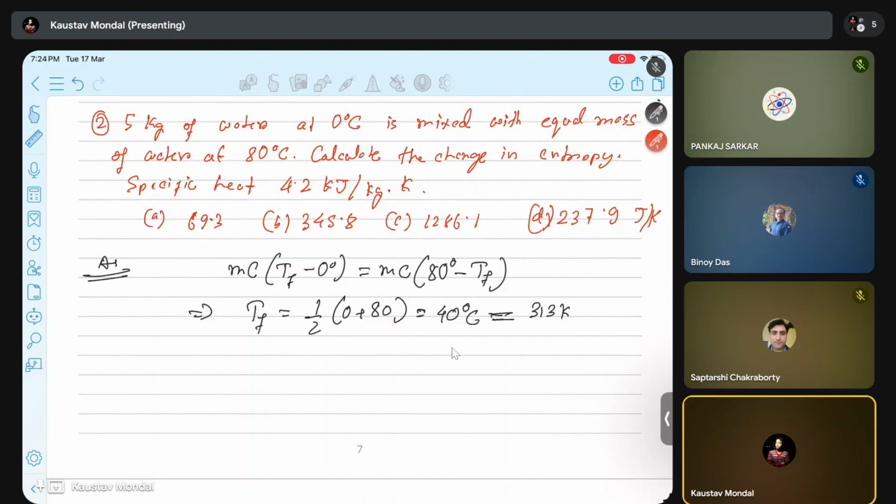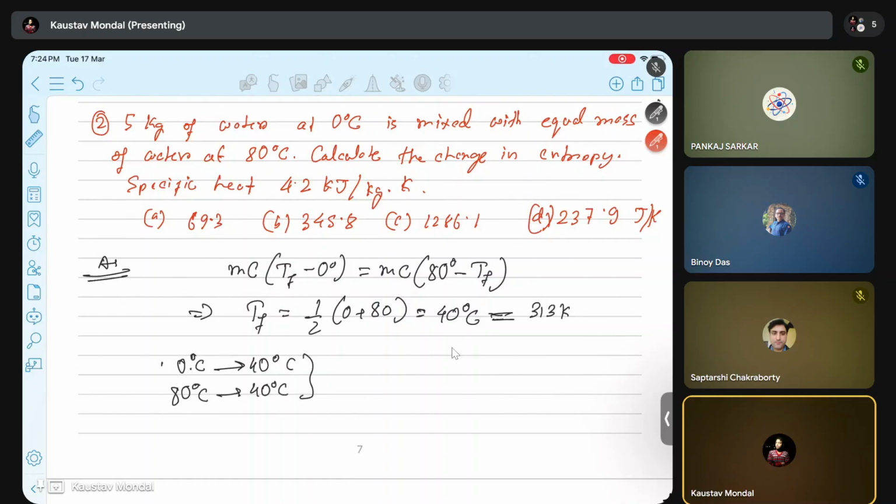First, some part of the water's temperature got increased from 0 degree centigrade to 40 degree centigrade, and some part of the water's temperature got decreased from 80 degree centigrade to 40 degree centigrade, right? These two processes separately contribute to the change in the entropy.